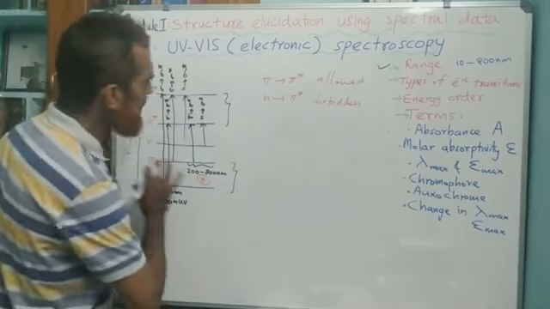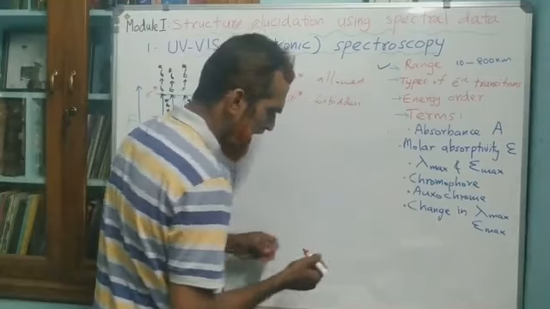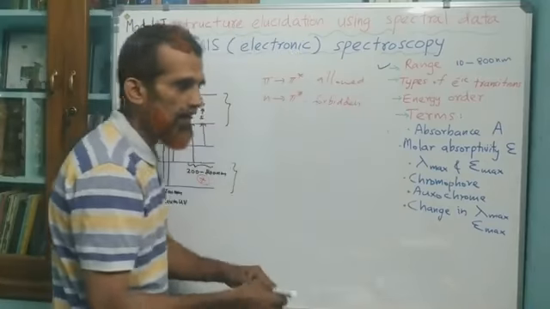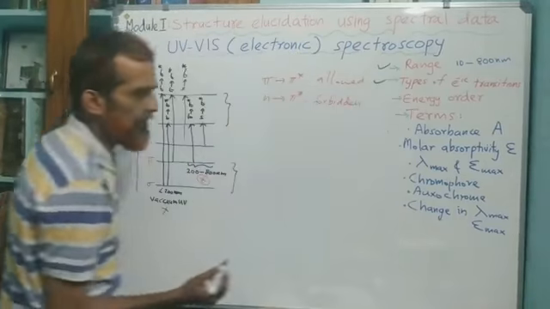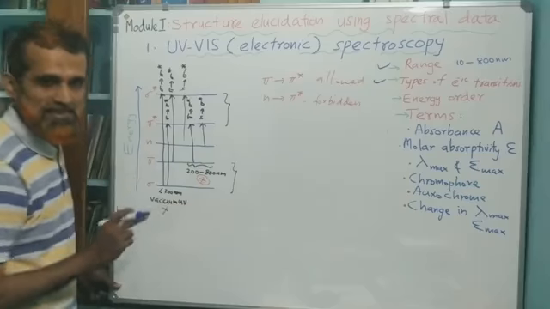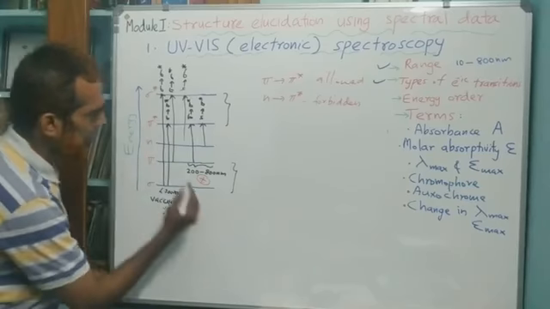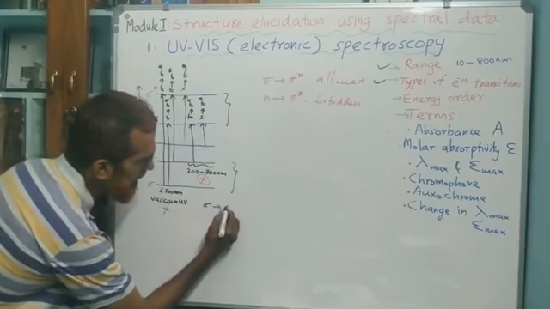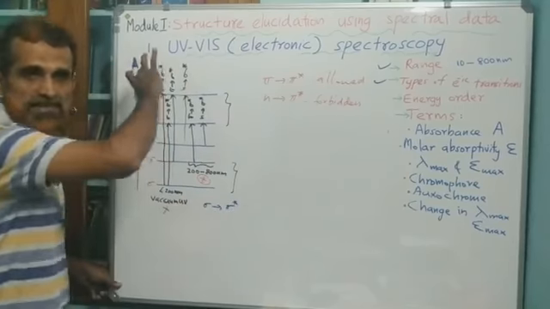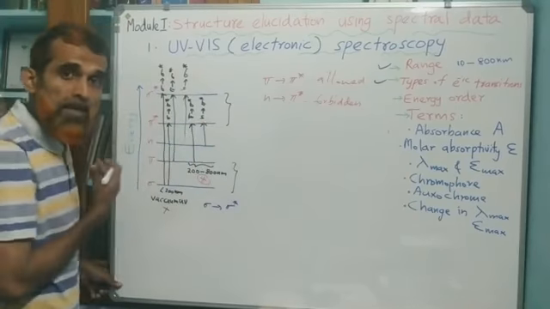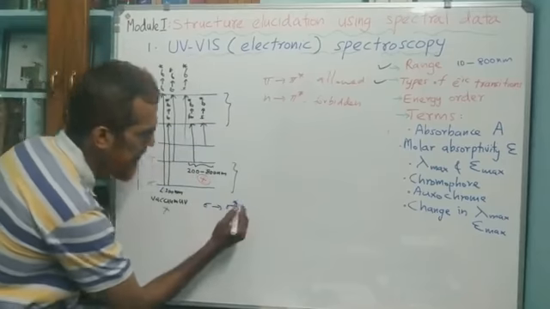Now if we are arranging these transitions in energy order, we can write the energy order of these transitions. It's very easy. Sigma to sigma star has the maximum energy gap, so minimum wavelength, that comes in far UV.